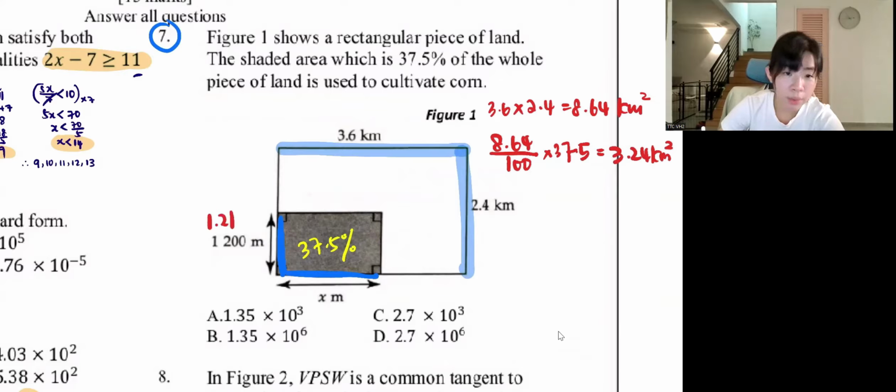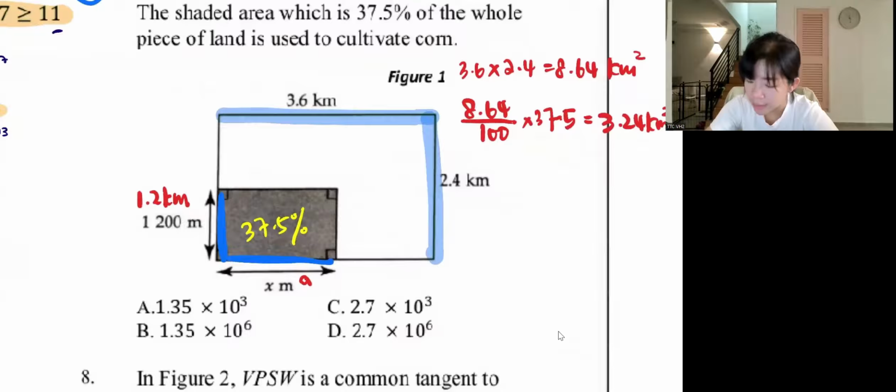Okay, this one is in meter, change to km. So it is 1.2 km. But the x here is in meter. So I will rename this side as A. Okay, I just put a random unknown A. So the A is in km. Okay, so now we keep everything in km first. So 1.2 times A, length times width is equals to 3.24.